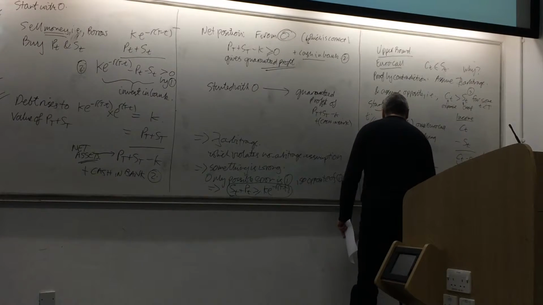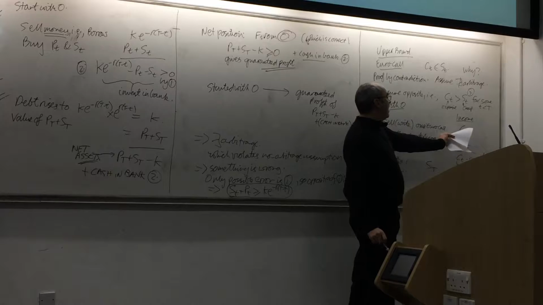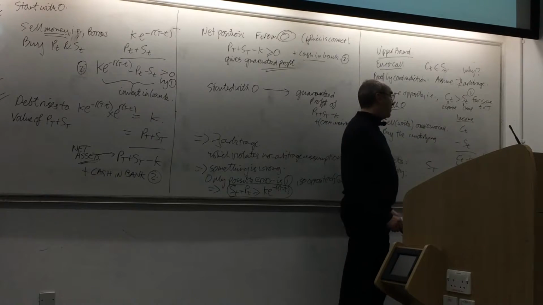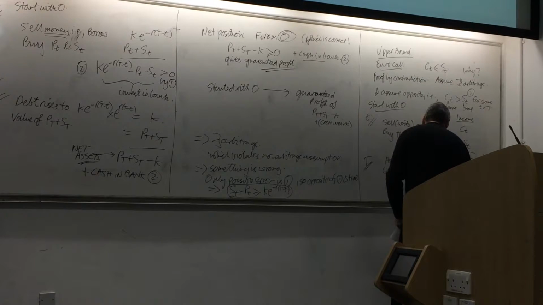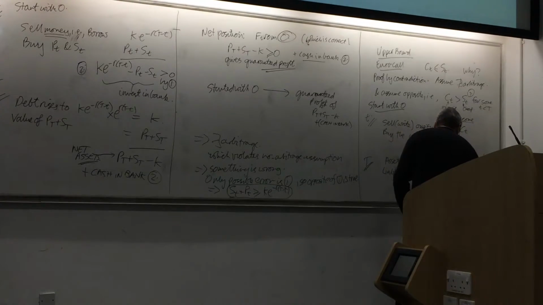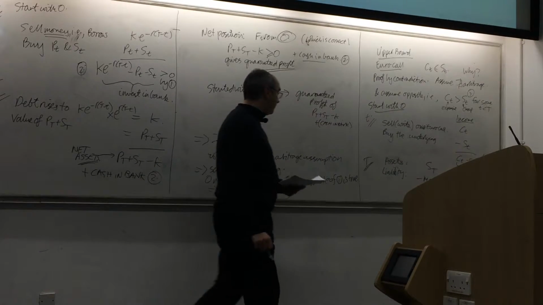My liability, what is my liability? Well, I've written a call option, so my liability is the payoff of the call option at expiry. So it's max of S_T minus K and 0.